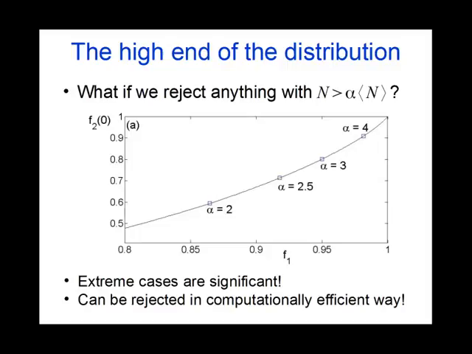So we played with that, and we plot F2 of 0 on the vertical, the fraction of 2-molecule images that we would accept by this method, F1 on the horizontal, the fraction of 1-molecule images. And we could get 95% of all single-molecule images while tossing out more than 20% of 2-molecule images just by having a criterion of 3. This buys us some leniency on the tolerances for our shape test and speeds up the processing.